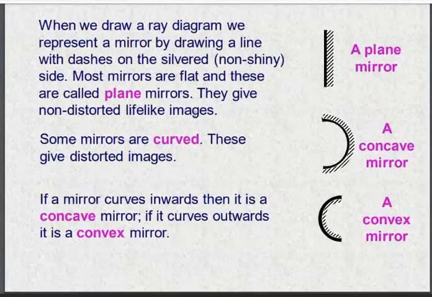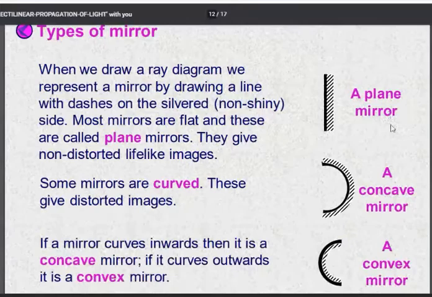So when you look into the plane mirror, you get your own image, non-distorted and lifelike. On the other hand, if you look at a curved surface, it will give an image which could be different from the actual object.